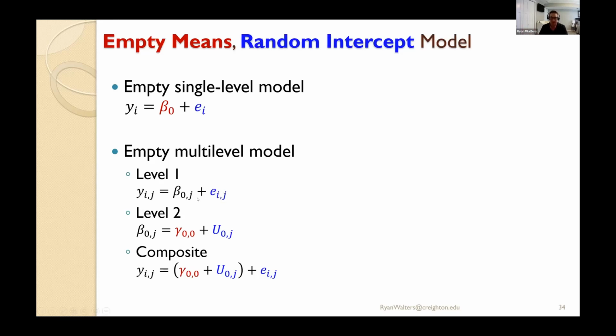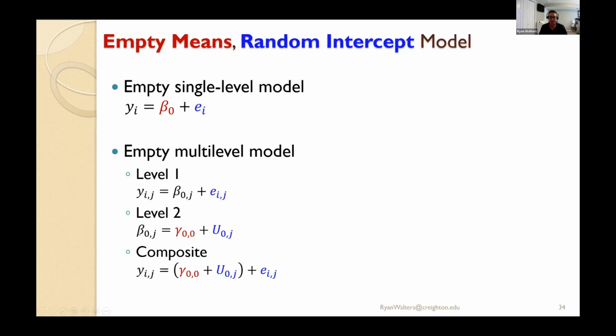This placeholder beta now is going to be at level 2, with which we have our fixed intercept, which now is moving from beta to gamma. So gamma 0,0 is going to be our fixed intercept plus our U value, U0j, indicating our random intercept. It has a subscript j, meaning that every single group is going to have their own random intercept.